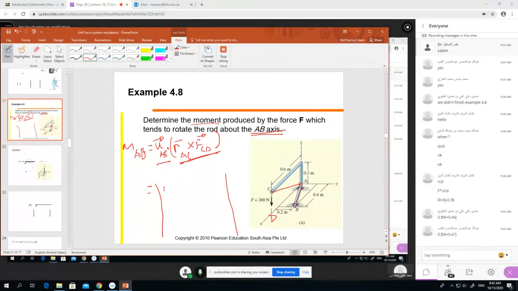So in the place of i we write 0.89, then 0.47, then 0.44. Hussein wrote 0.44, so 0.44 would be, I think, the correct one. And j and k equal to 0, right? Now RAC, can you calculate RAC, please? So RAC equals how much?